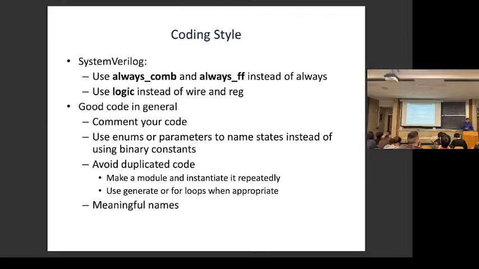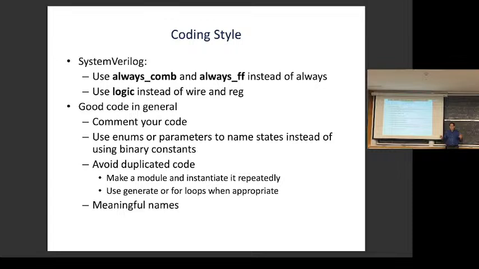SystemVerilog basically makes two versions of this always block, one of which says I'm making a flip-flop, and the other says I'm making combinational logic. And that kind of cleans up your code, makes your intent more clear, and if you get it wrong, you actually write something that isn't a flip-flop in an always_ff block, it says this doesn't really make sense.